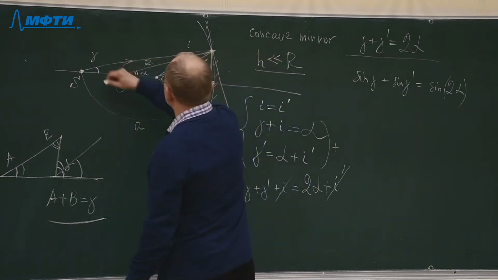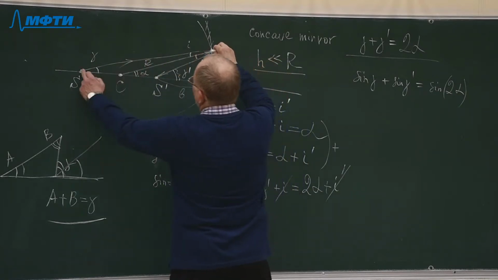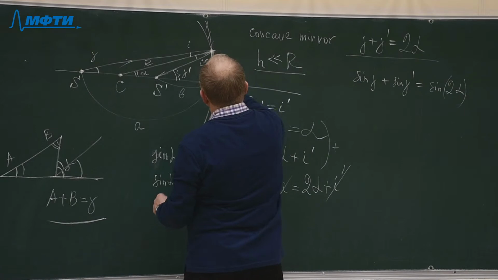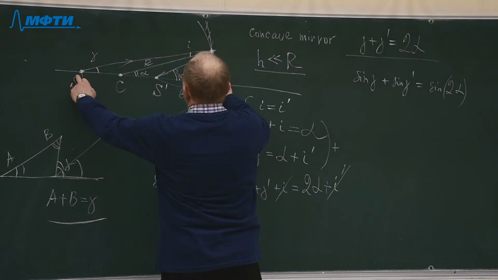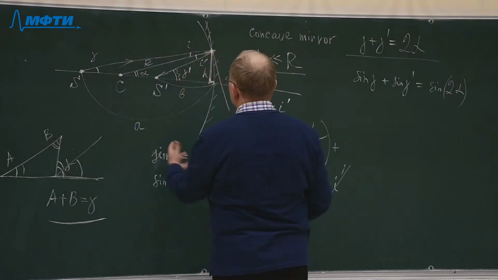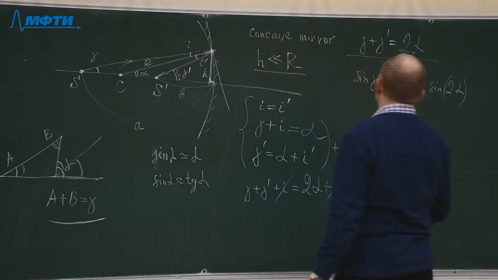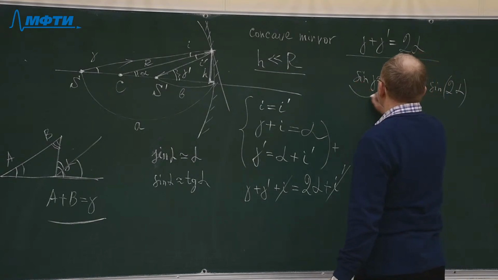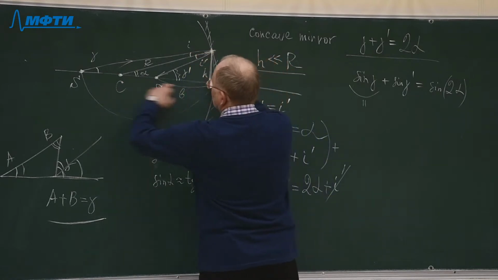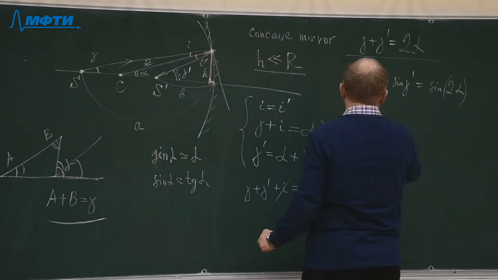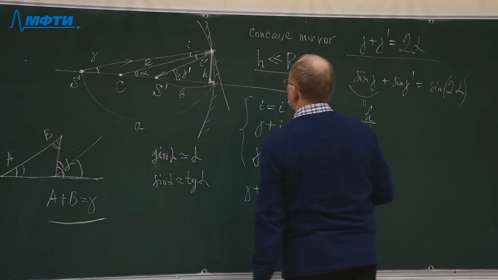So in order to calculate the sine, I can take the length of this leg divided by this hypotenuse, or I can take this length divided by the other leg in this right triangle, because for small angles this is the same. So I will use this approximation, and therefore I will find that sine gamma is approximately equal to h divided by the distance a of the source of light from the mirror.